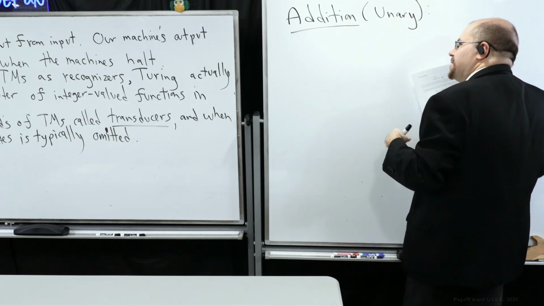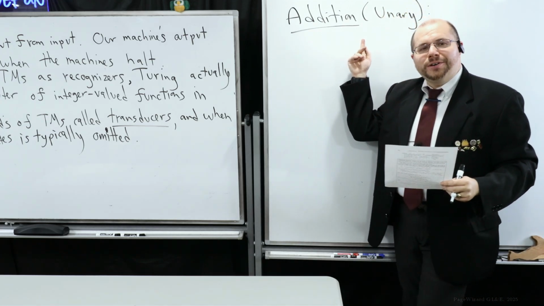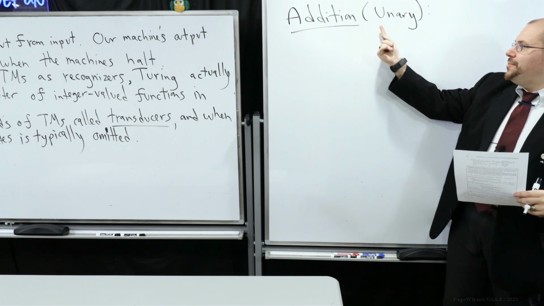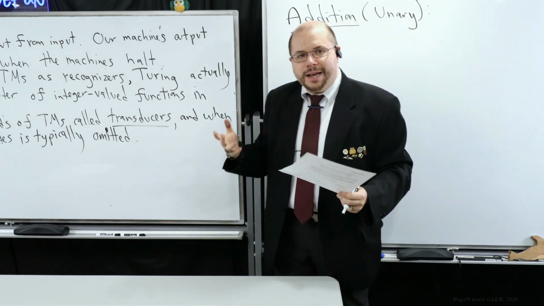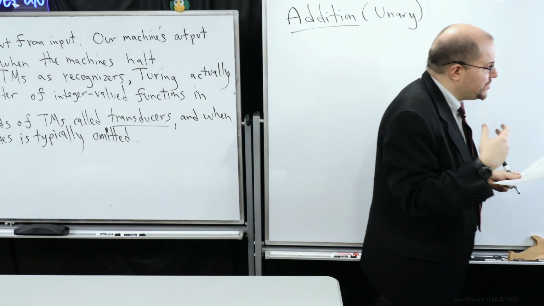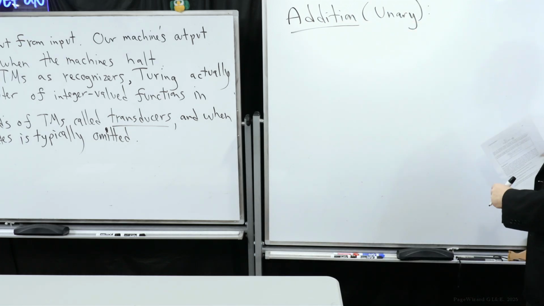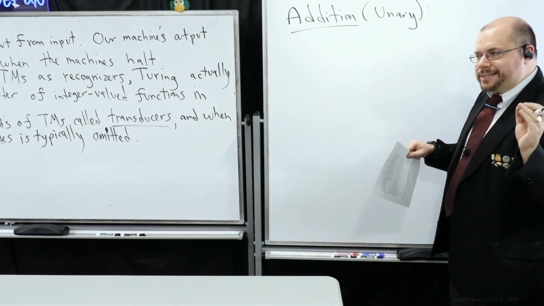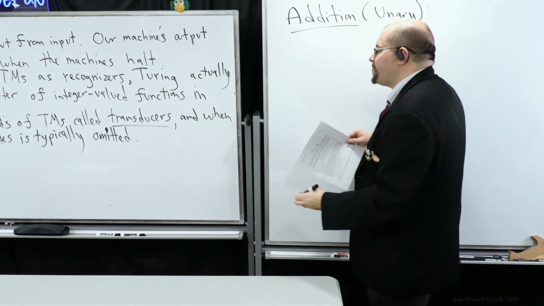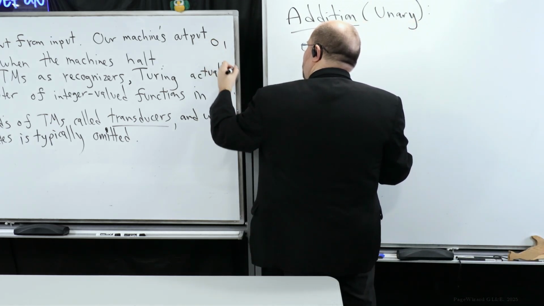Now, how many of you have never heard of unary before? It's okay if you've never heard of unary before. You may have heard of decimal. You may have heard of binary. You may have heard of all sorts of different number systems. Unary is actually really simple. Binary uses symbols 0 and 1.